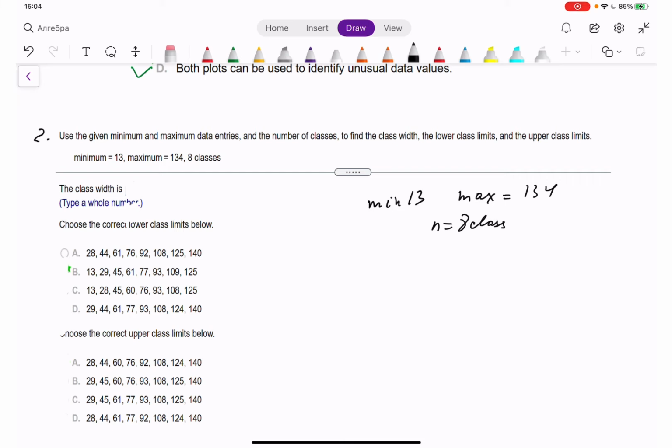So how do we identify the class width? We do 134 minus 13, maximum minus minimum, divided by 8, the total number of classes. 134 minus 13 is 121, divided by 8.